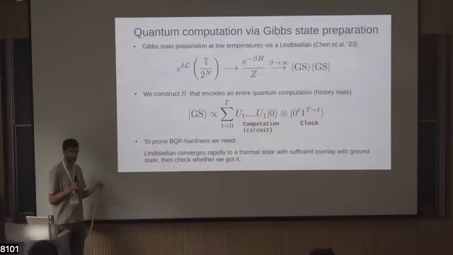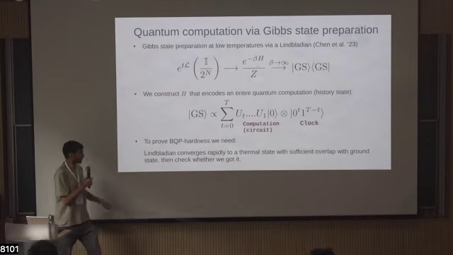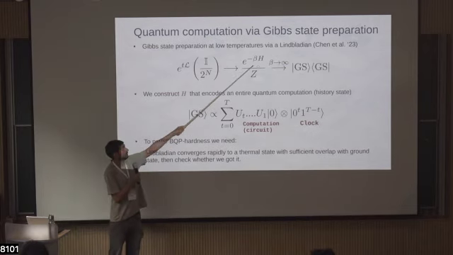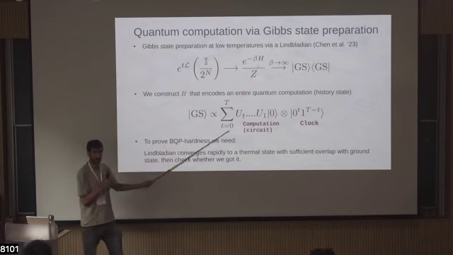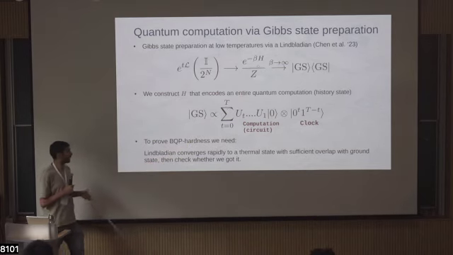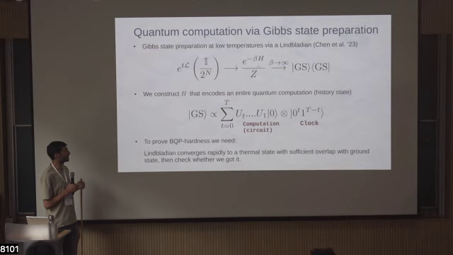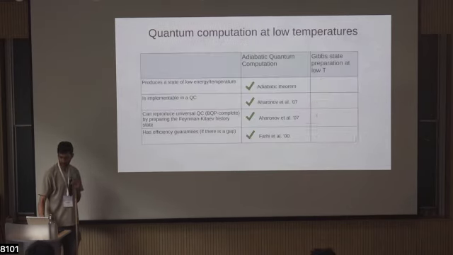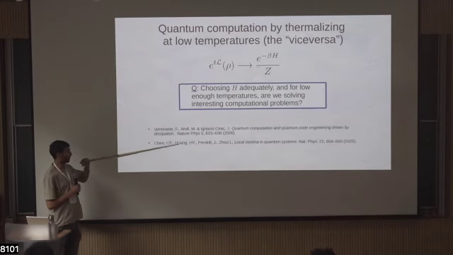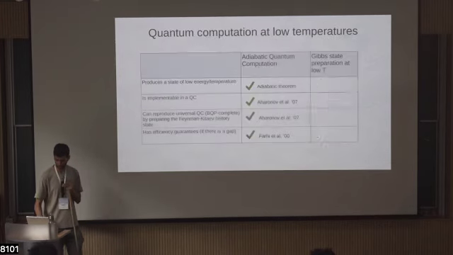Of course, the temperature has to be very, very low, right? And of course, the way we construct this Hamiltonian is in such a way that the ground state looks like one of these history states. Okay. In fact, I think the history state we end up taking is the one from this paper that I mentioned earlier. This one here. So the history state I think is the same one as in this paper.